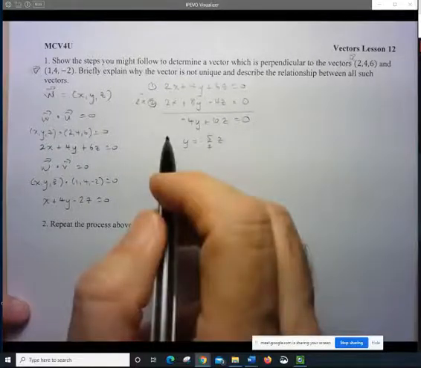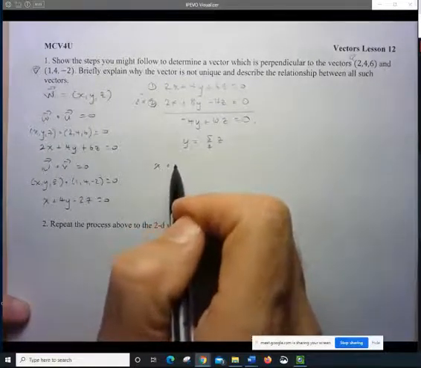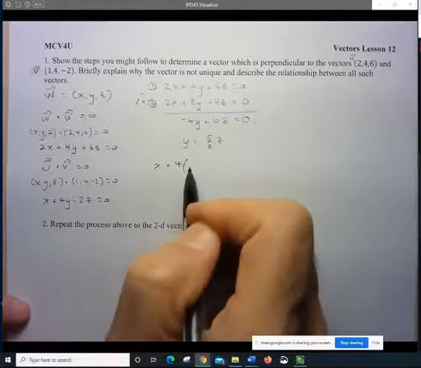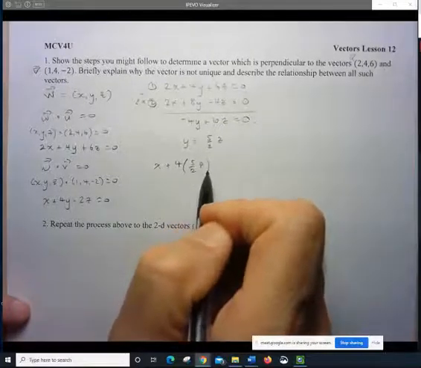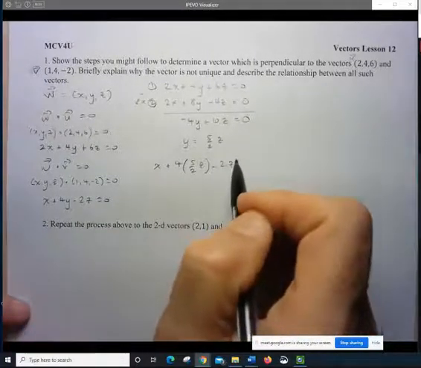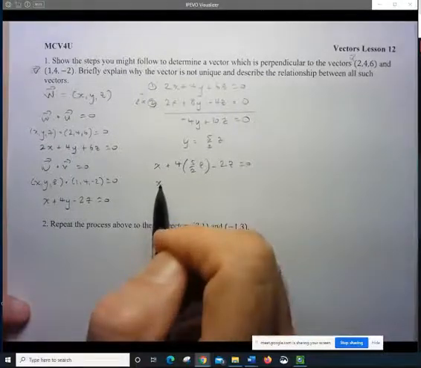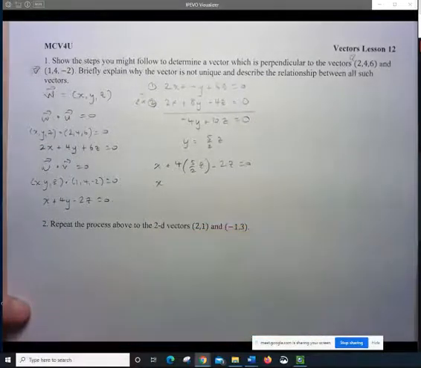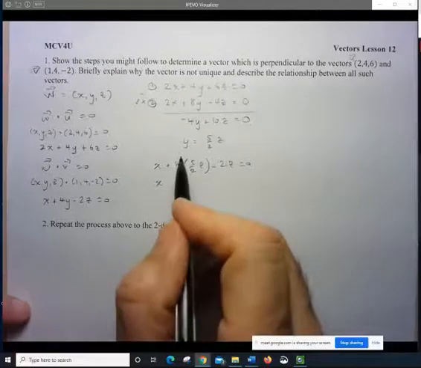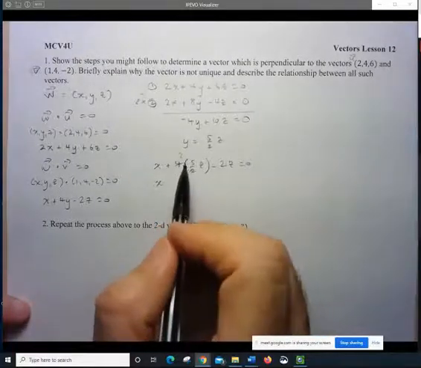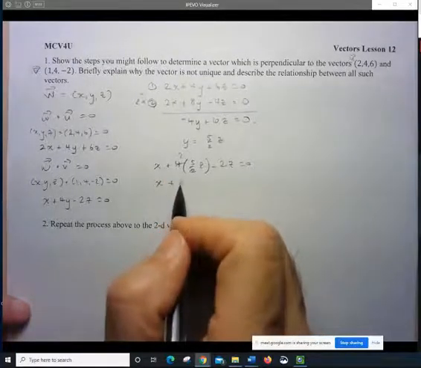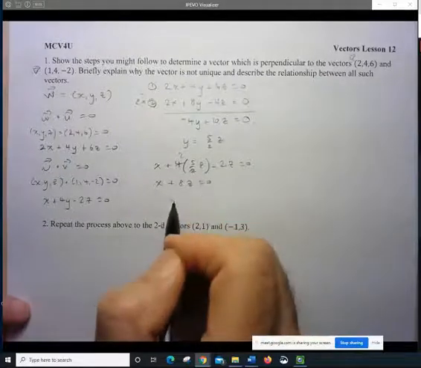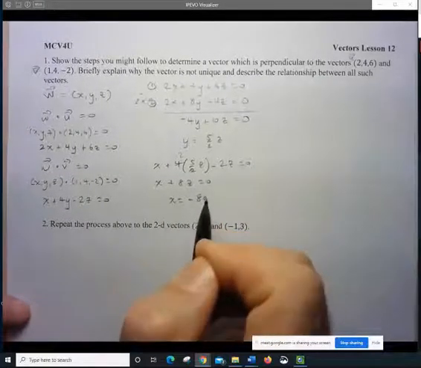Okay, so what do we have? We have x plus 4 times, well, y can be written as 5 over 2 z, minus 2z equals 0. So we have 10z minus 2z. So x plus 8z is equal to 0. So x is negative 8z.